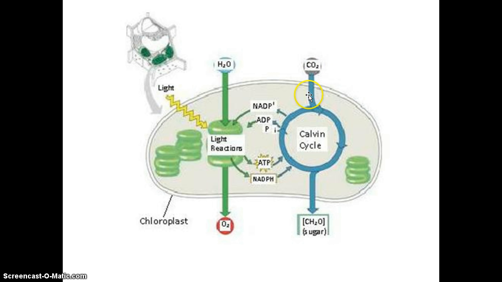So CO2 comes into the Calvin cycle, it goes around, and we can turn that into a carbon molecule. The intermediate is called G3P, and that G3P is used to make glucose, which is our C6H12O6. So this is a picture that you should feel familiar with, and again, knowing that the light reactions happen in the thylakoid and the Calvin cycle happens in the stroma.